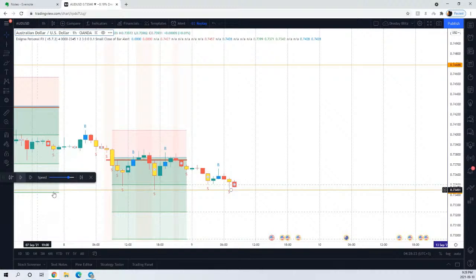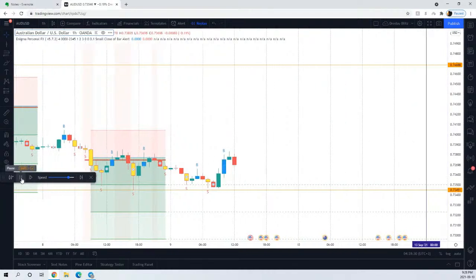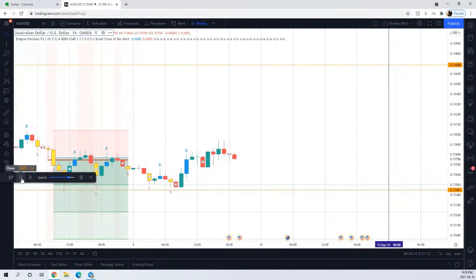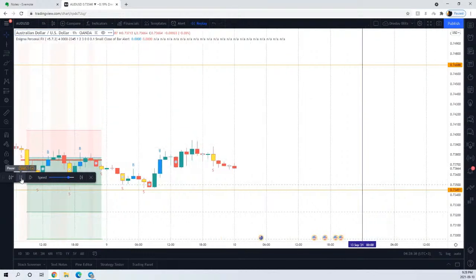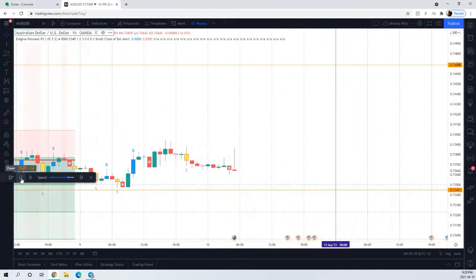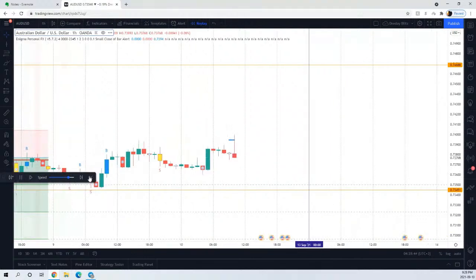There you go. Here, almost TP3 hit. I think after that it went back up to finish the week. Yeah. There you go. Perfect.